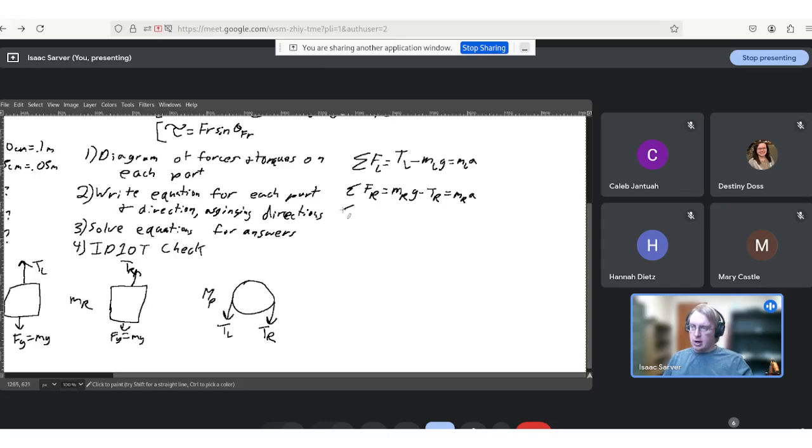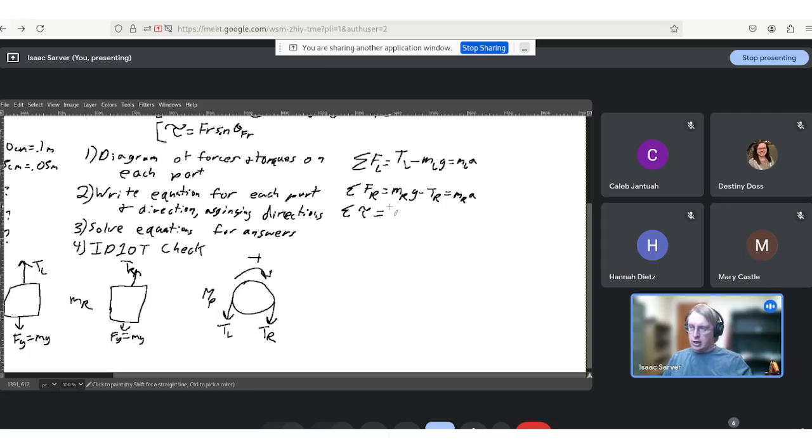And then we can sum our torques for the pulley. We've got a T_L. Oh, no, that's the wrong direction. This way is positive.